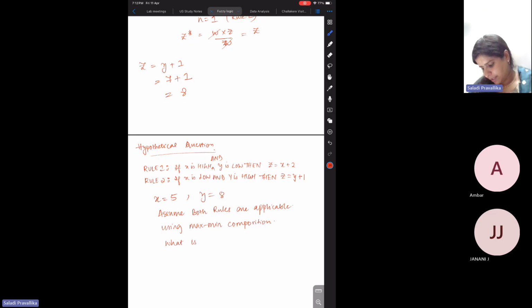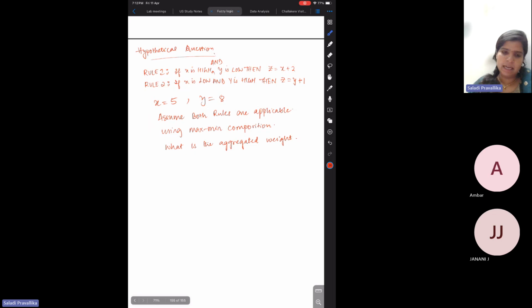What is the aggregated weight? Okay, it's just a hypothetical question. I don't even know if x equal to 5 and y equal to 8 satisfies these rules or not. I'm just giving it out of the blue.